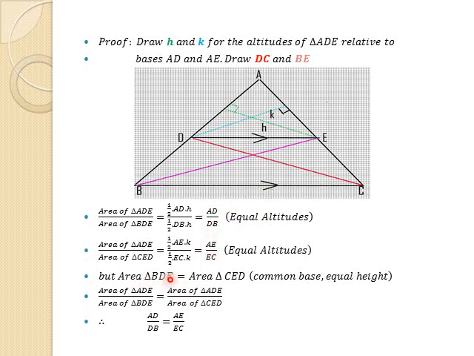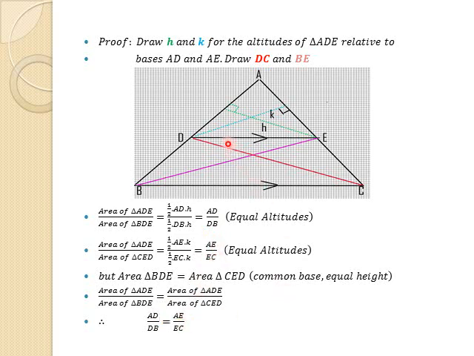But area triangle BDE equals area triangle CED, so you see BDE and CED, they have a common base and they have equal heights. Right? So if this equals that, and ADE and ADE is the same, you can say area triangle ADE over area triangle BDE equals area triangle ADE over area triangle CED, and that means now that AD over DB must equal AE over EC.